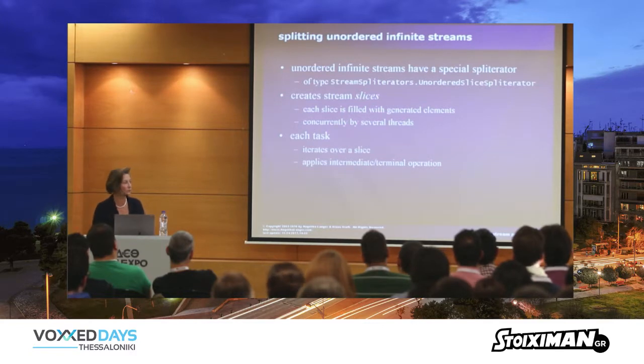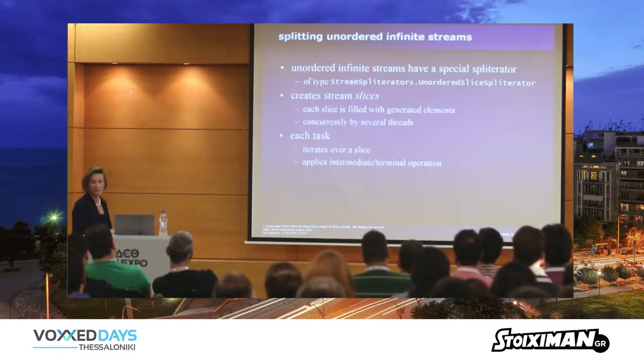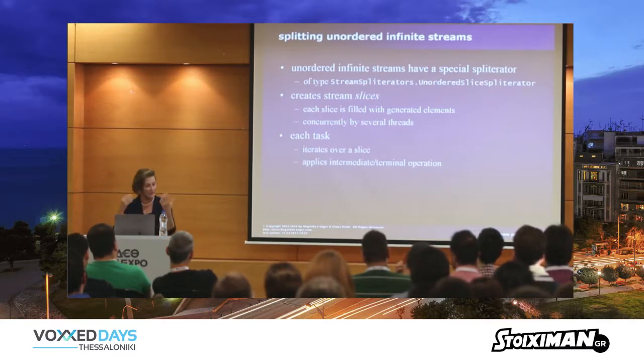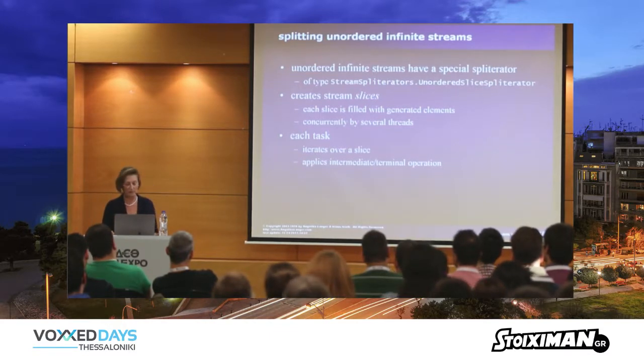You have to look into the implementation in order to understand why this happens. And if you look into the implementation, you end up looking at internal abstractions like so-called splitterators. A splitterator is an extension of an iterator. An iterator knows how to visit all the elements, and a splitterator, in addition to iteration, knows how to split the underlying stream source.